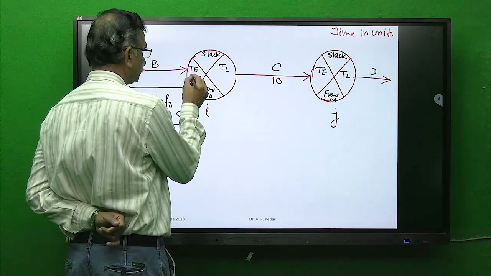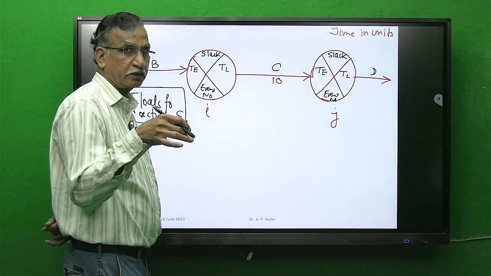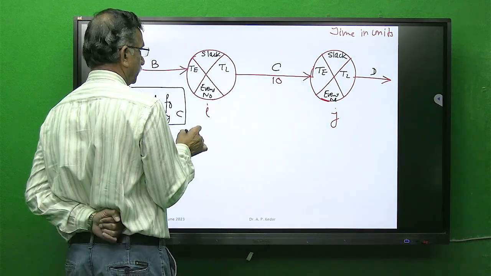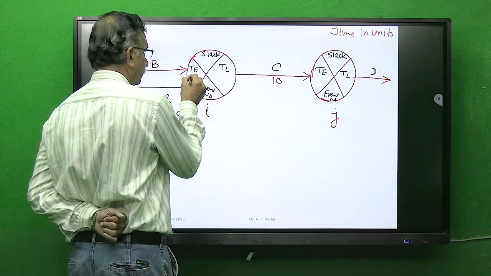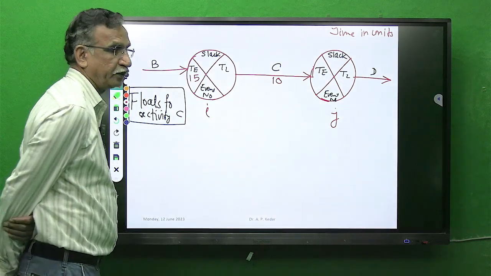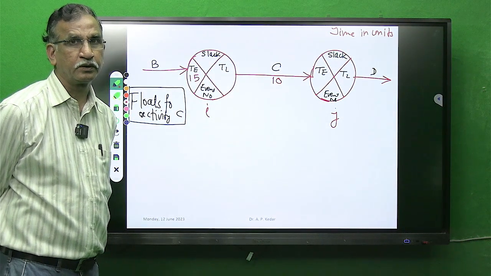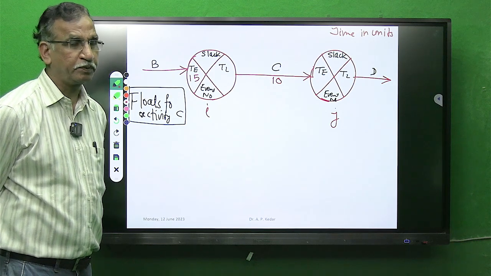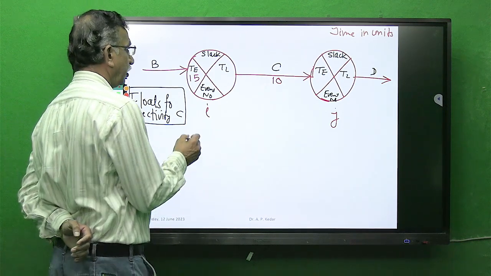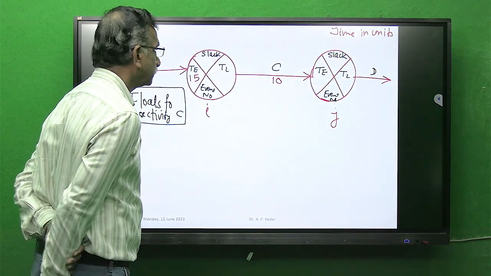And suppose we are taking the in-between part of the network and assuming we are at this particular point, we get this value as 15.